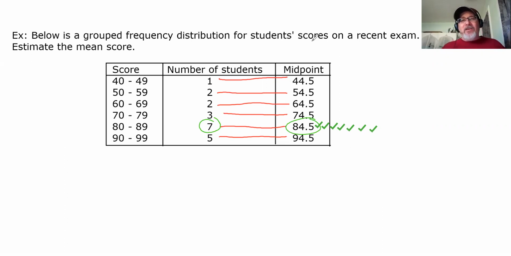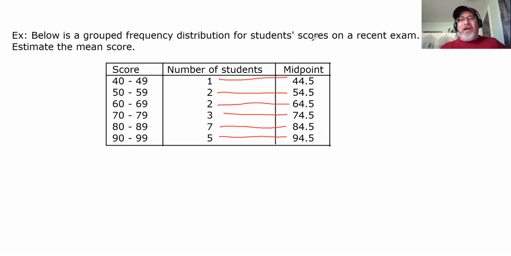What's a faster way to add 84.5 7 times besides saying 84.5 plus 84.5 plus 84.5, 7 times over? The faster way to add 84.5 7 times is to do 7 times 84.5. That's what 7 times 84.5 literally means. It means 84.5 plus itself 7 times.